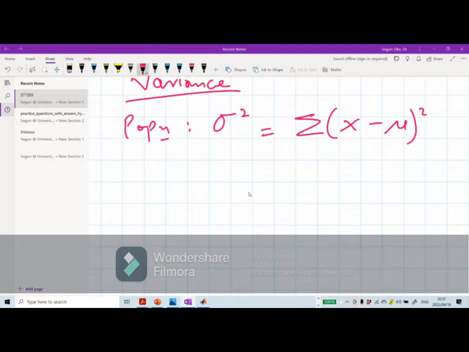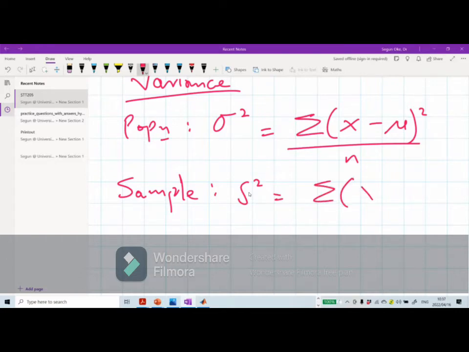That's why I'm using this tutorial, as some of you might not get the way they put it there. Divided by n minus 1.